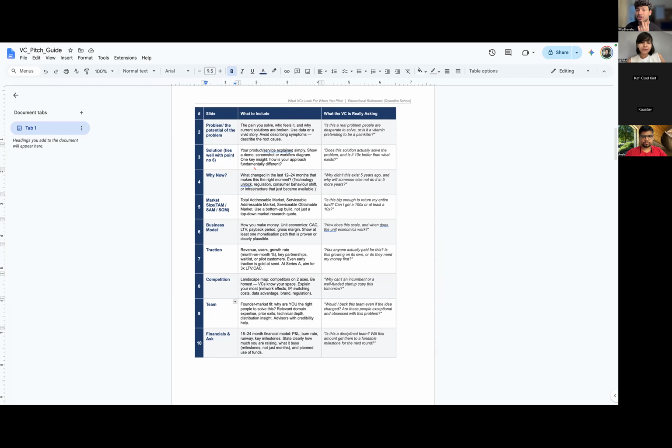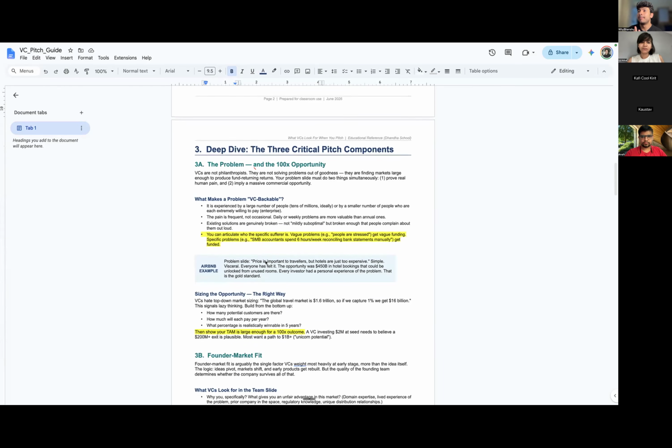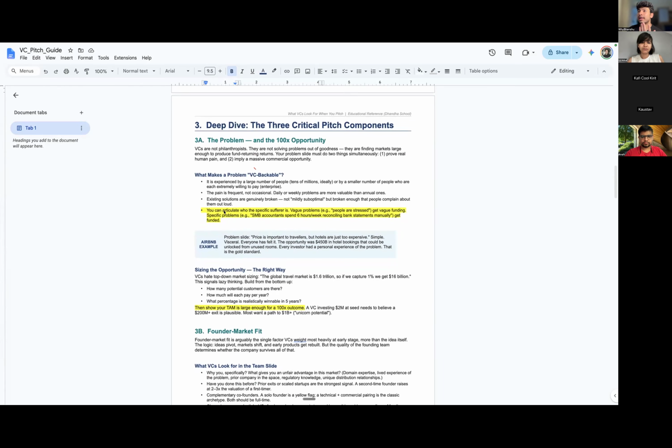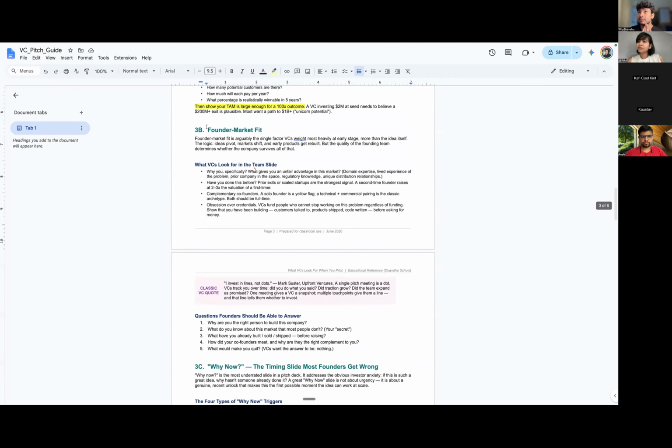Most of these decks are actually not publicly available. Before I show you this, I've highlighted what I really wanted to drive home, which I've said multiple times now. But you can read this document also. Founder market fit, very self-explanatory. Why you? Why not someone else? There has to be strong conviction.